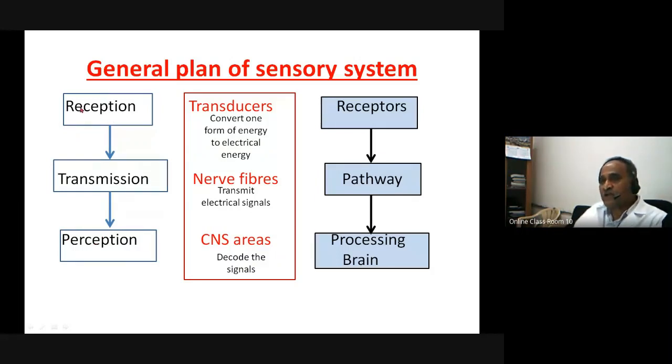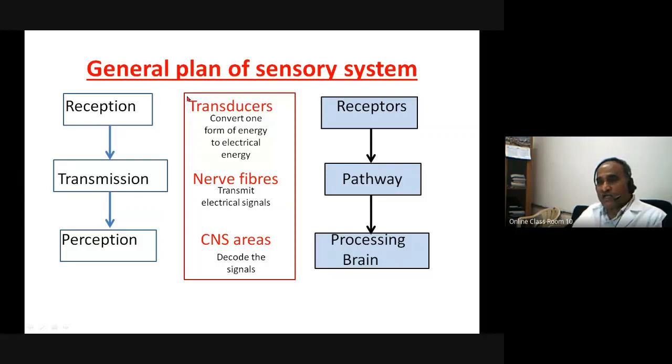Now, the receival of the information is performed by the receptors. This reception is by the receptors. And these receptors, along with the nerve, transmit; that is the transmission, that is the pathway. Then perception will reach the brain areas, specialized brain areas, where the processing is done.